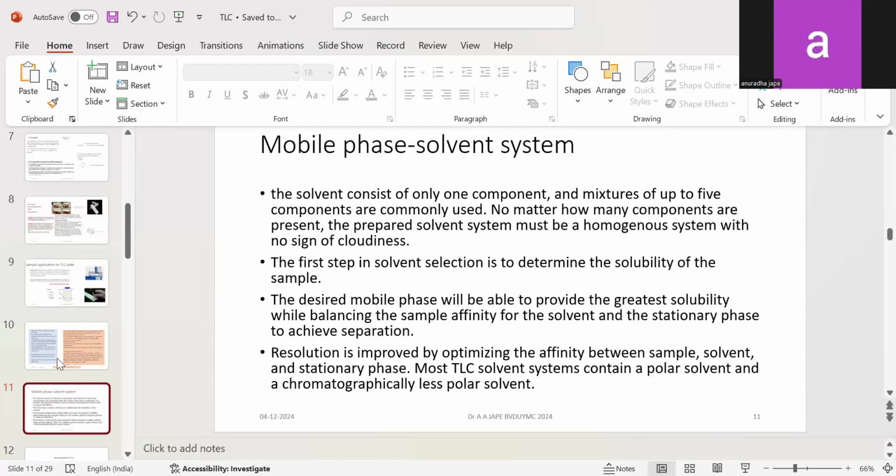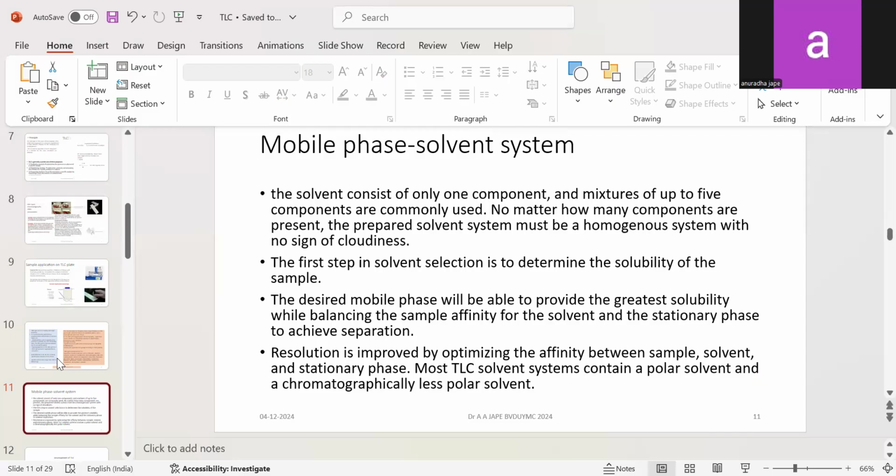And of course, other various solvents like alcohols, acids, or maybe ketones, esters, amines, phenols, or even hydrocarbons. They are used in specific proportions, and the suitable solvent system is prepared that would give us the better resolution of the sample components. The resolution should be satisfactory.